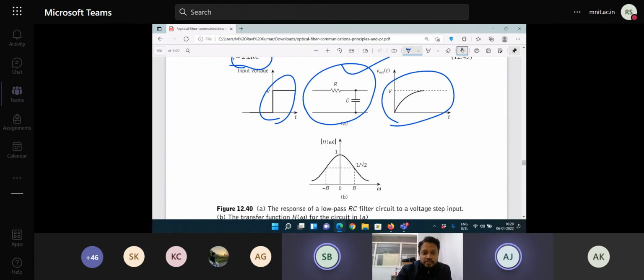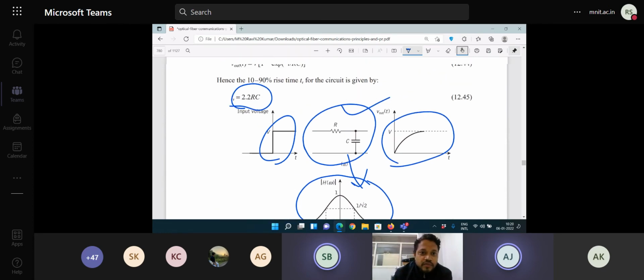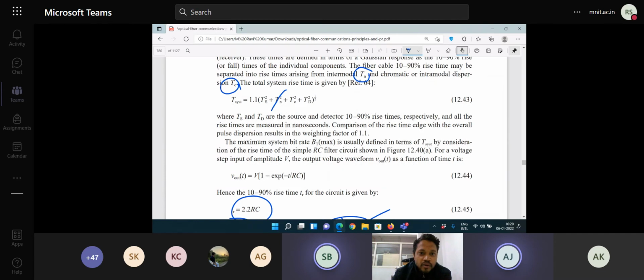And this is the frequency response or the transfer function of this particular circuit. This would be a part of TD because this is coming from the detector. If TD indicates just the rise time because of the detector, then it is not included.